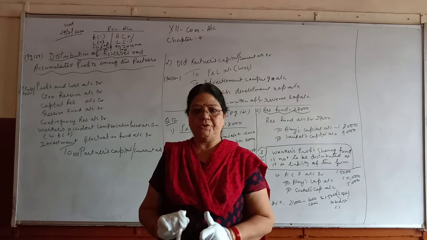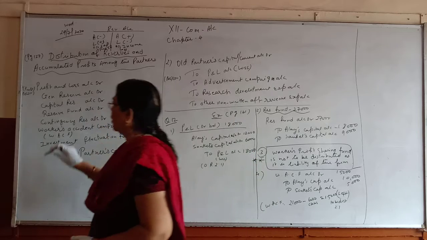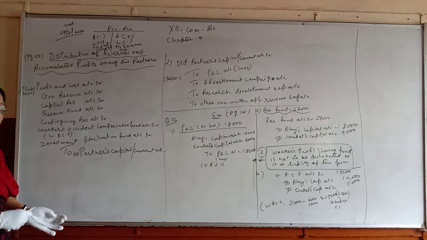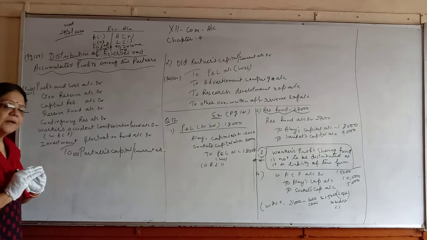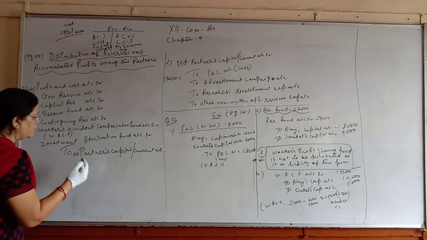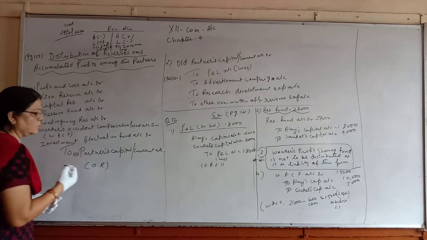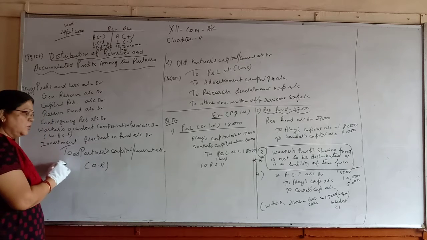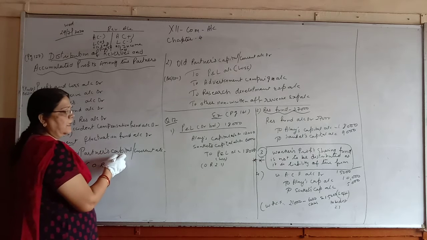All these accounts, profit and loss account, general reserve, capital reserve, reserve fund, contingency reserve, workers accident fund, and investment fluctuation fund, these funds and reserves will be distributed among the partners in their old ratio. So, only one entry in credit: to old partners' capital or current account.